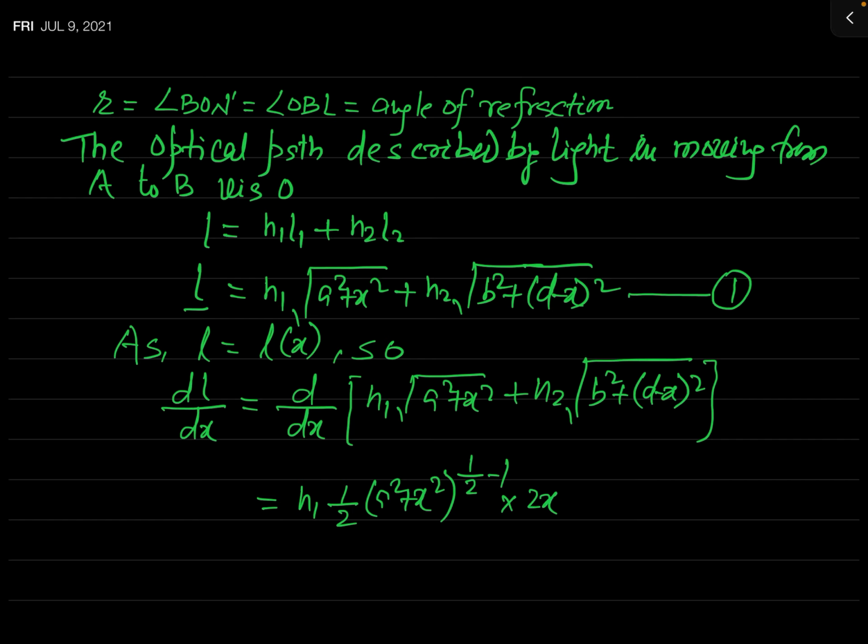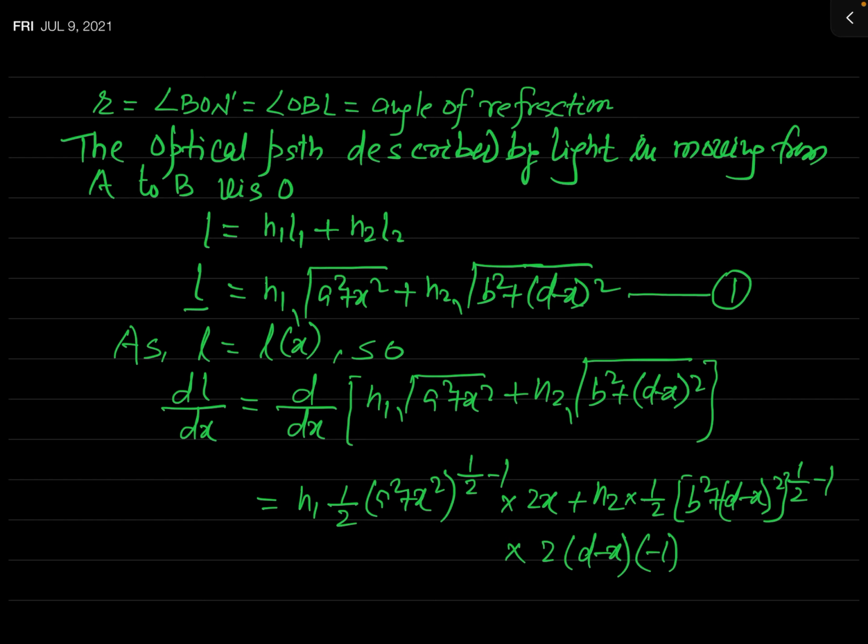and again here n2 times 1/2 into (b square plus (d minus x) whole square) to the power 1/2 minus 1, into 2 times (d minus x), and again minus 1, because d/dx of (d minus x) will be minus 1 due to the minus sign.